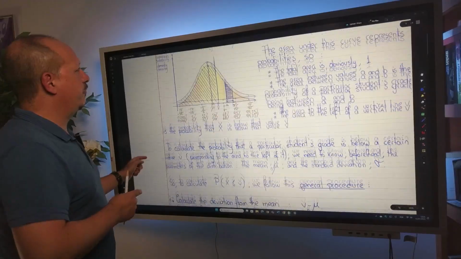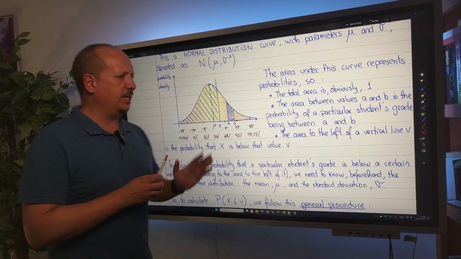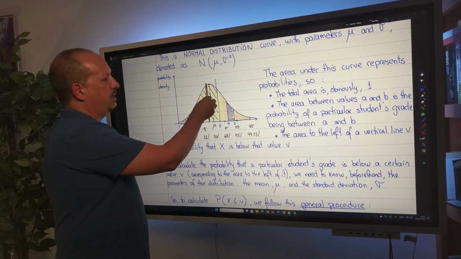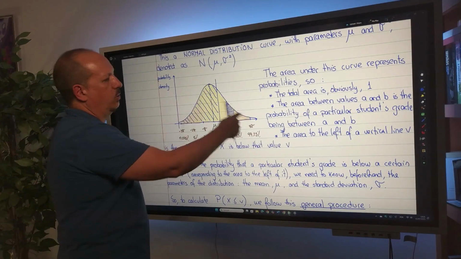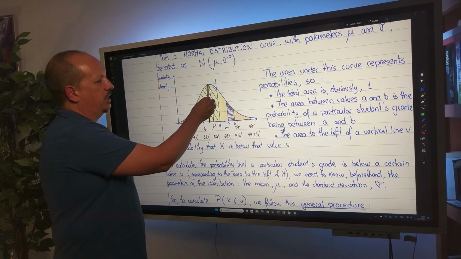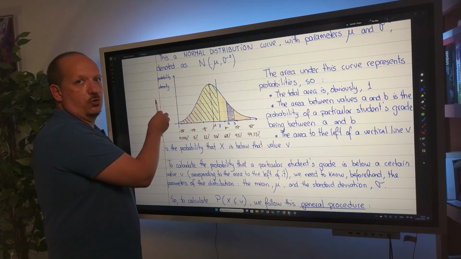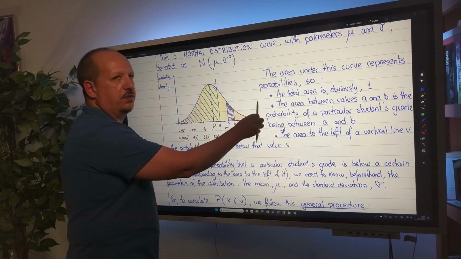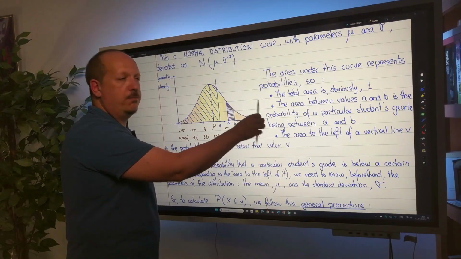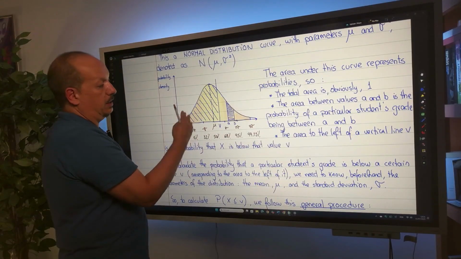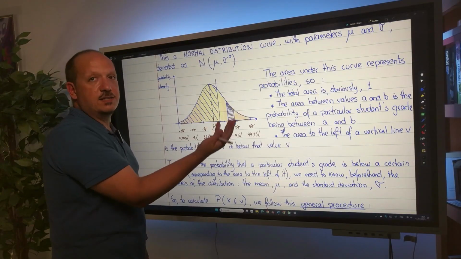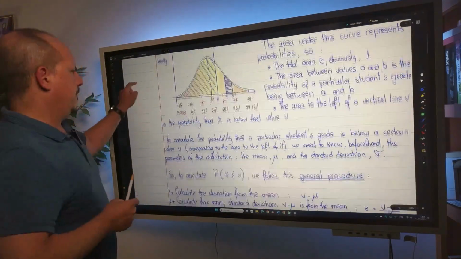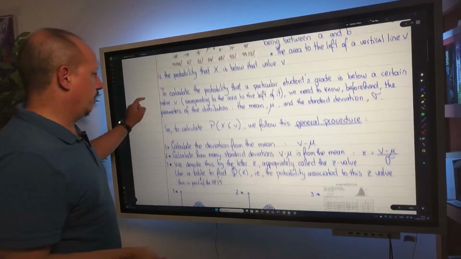I didn't mention before, it almost goes without saying that obviously the mean divides the bell curve in 2 equal parts. If the whole area is 1, everything to the left of this is 0.5, everything to the right of this is 0.5, okay? So you know that V being a little bit to the right of the mean, this is going to be bigger than 0.5, right? The exact value is the purpose of what we are doing.